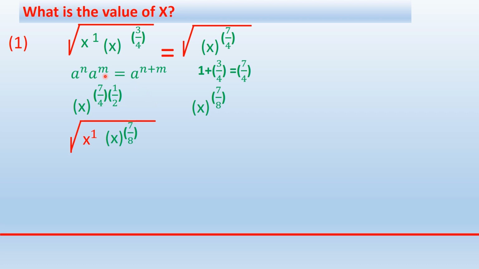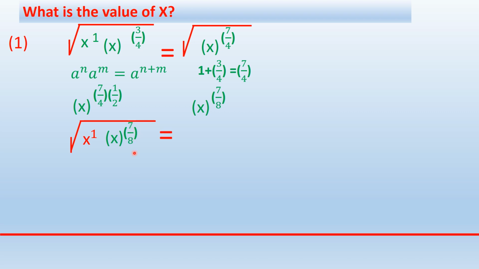Now we chuck this back into the red, the last one, which is the fourth one. So x to the power of 1 times x to the power of 7 over 8. We do the same with this equation: a to the power of n times a to the power of m is equal to a to the power of n plus m. So we have 1 plus 7 over 8, which is 8 common. 8 times 1 is 8 plus 7 is going to be 15 over 8.